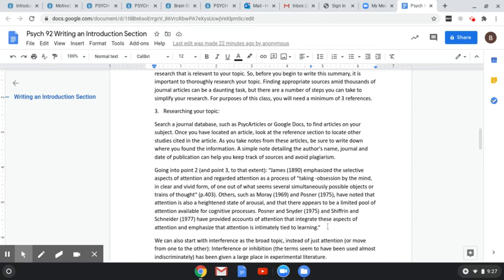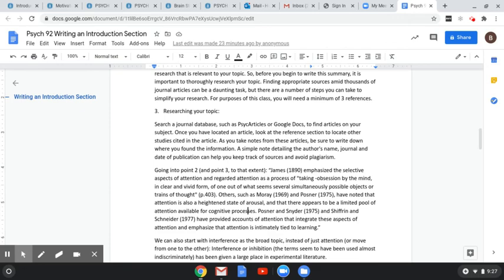Again, if there was another author, and it said, another aspect of attention is the fact that it comes and goes, and let's say it was Munoz that wrote that. At the end of that sentence, then you'd write Munoz, comma, 2020.